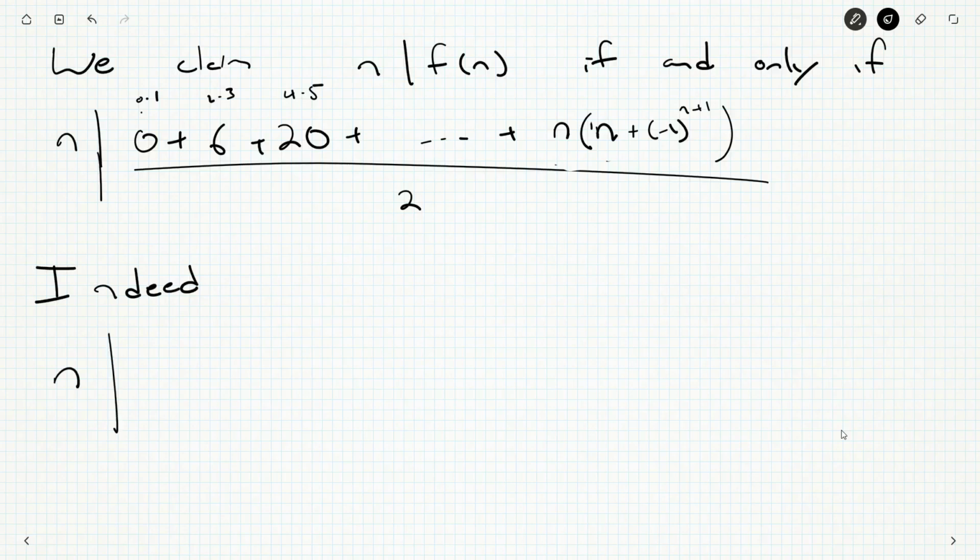N divides, we're going to have to write a big formula here. So, here we go. Fn is going to be, well, how many n squareds would there be?